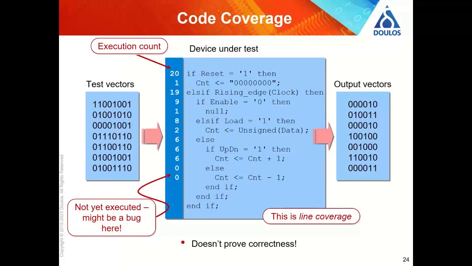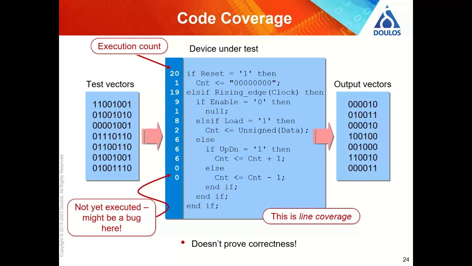So here's an example. In this case, we've got a block of VHDL code and we apply some tests. As it runs through, the simulator can count how many times each of these lines gets executed. Okay, now, what does that tell you? Well, it certainly doesn't tell you if the design is working correctly. But it can be useful for a number of reasons.